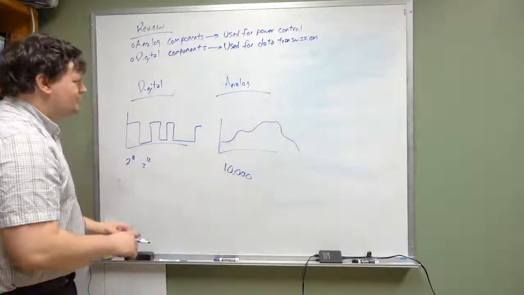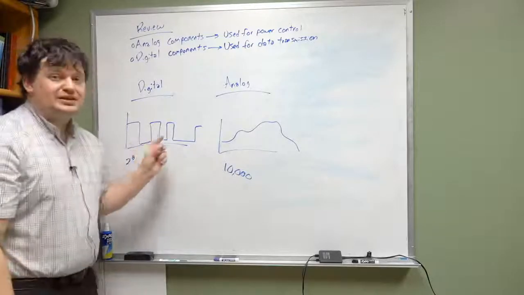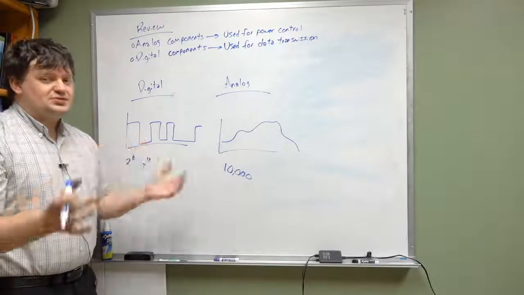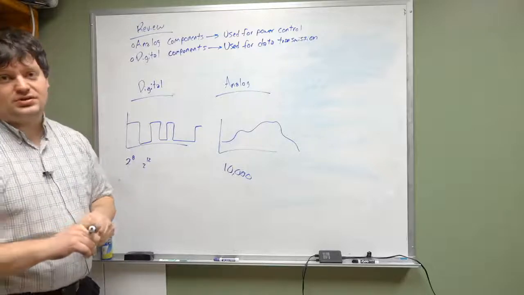So digital systems do take longer, but the beauty of this is that they're cleaner. You want to have a clean system because the difficulty with not having a clean system is that information is improperly transferred.